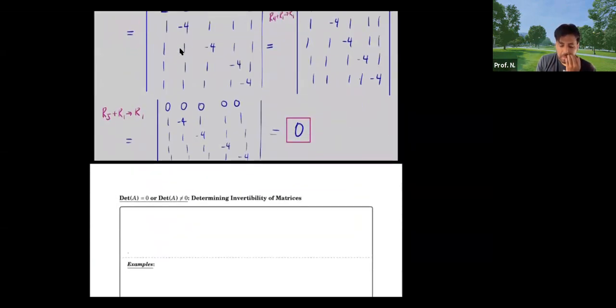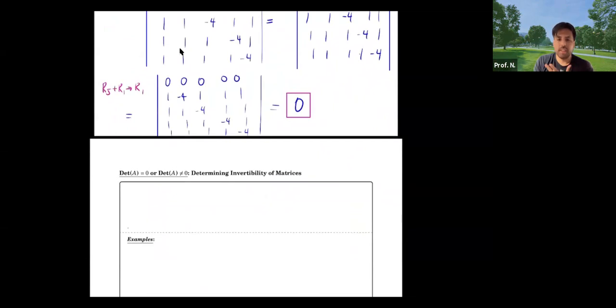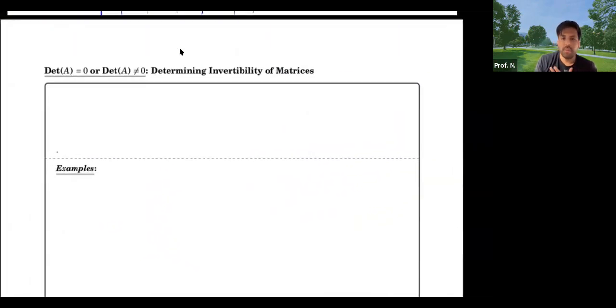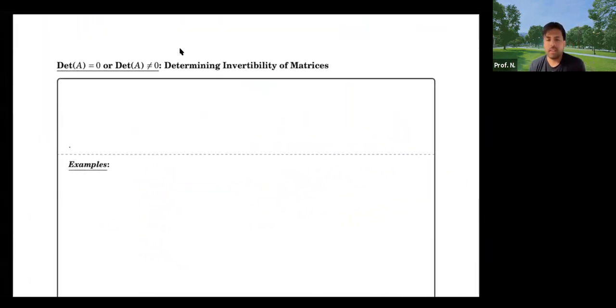You have to remember about invertibility. And invertibility of matrices is directly connected to its determinant. So we have, again, invertible matrices, right? Which are called non-singular matrices.